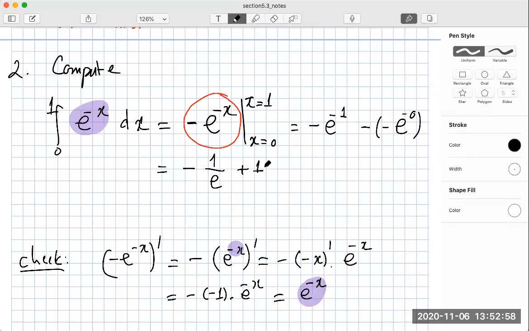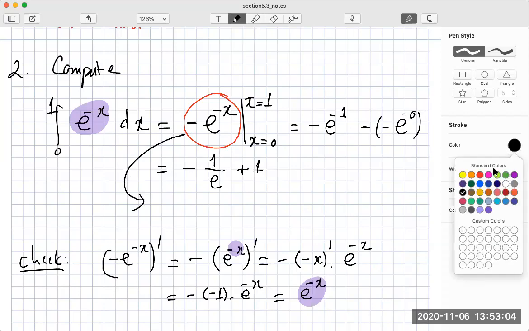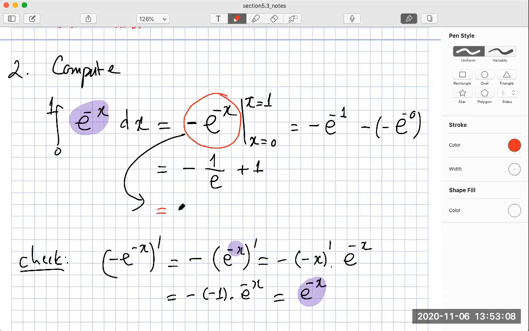From here, you can think of it this way. It is also equal to negative of e to the negative 1 subtract e to the negative 0 here.